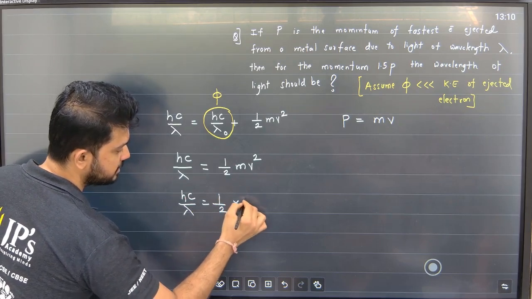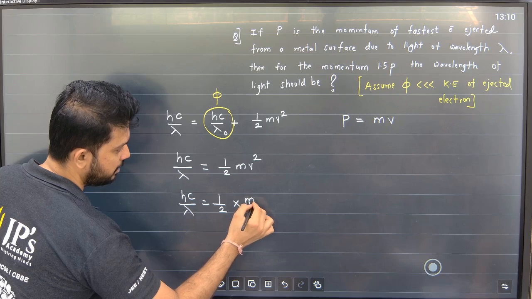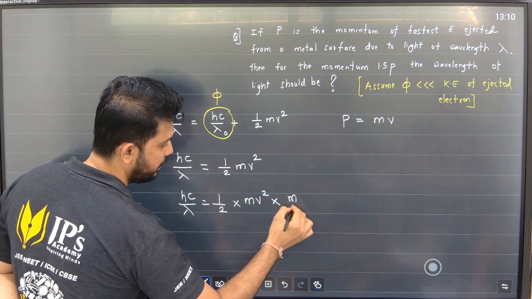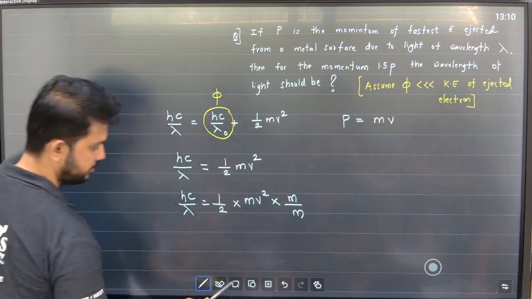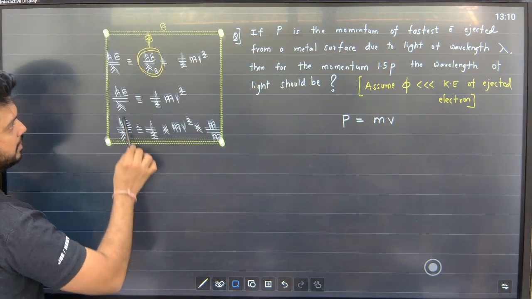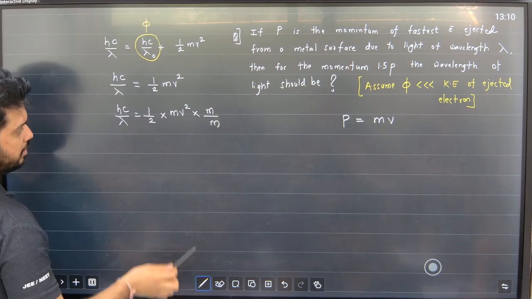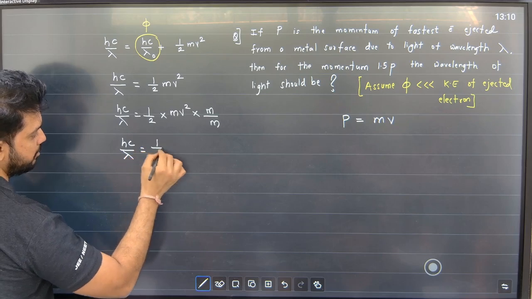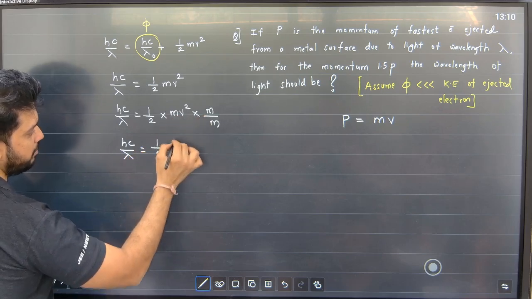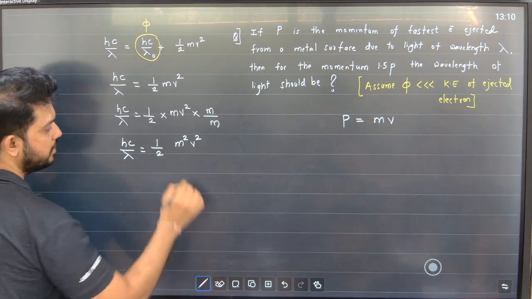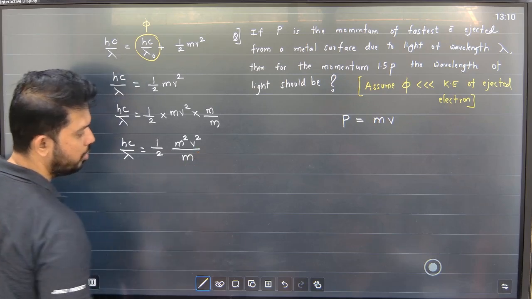Can I write that by multiplying by m and dividing by m? hc over lambda is 1 by 2 into m times mv square. Can I say this is m square into v square over m?